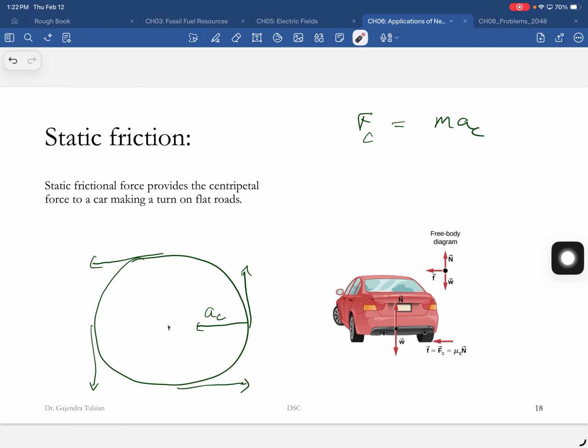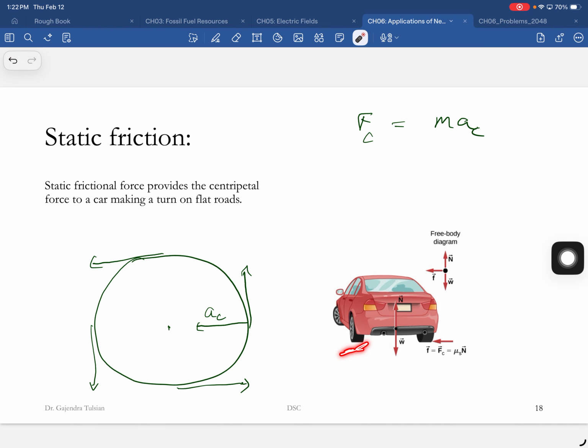Okay, so the car is not moving in this direction, and it is a static friction force. How does the static friction force arise? How does friction force arise? I'm sorry? It opposes motion. Yeah, no, but how does it arise physically?